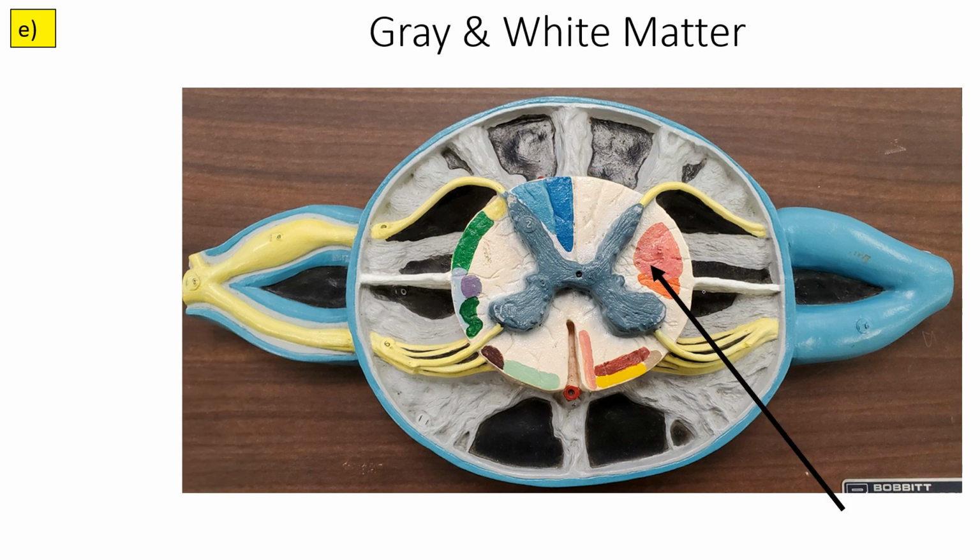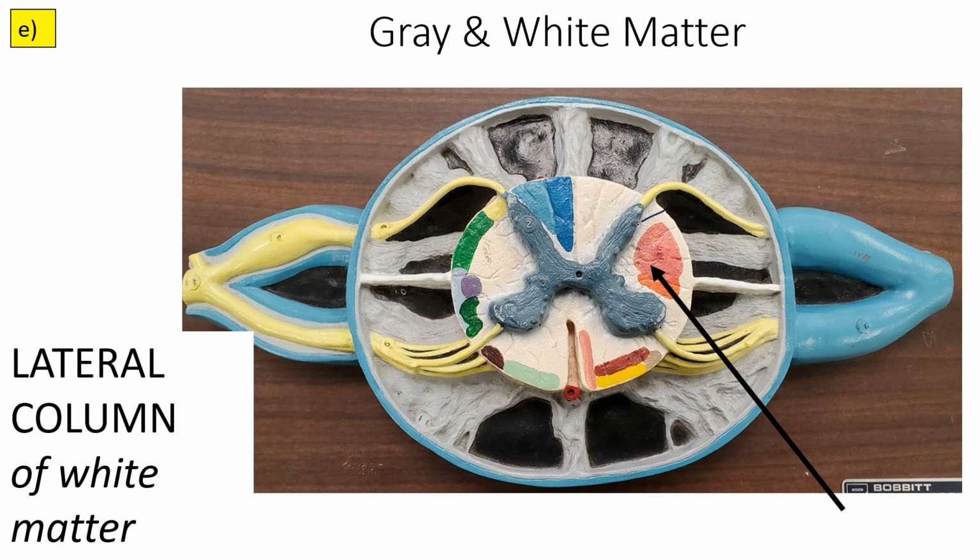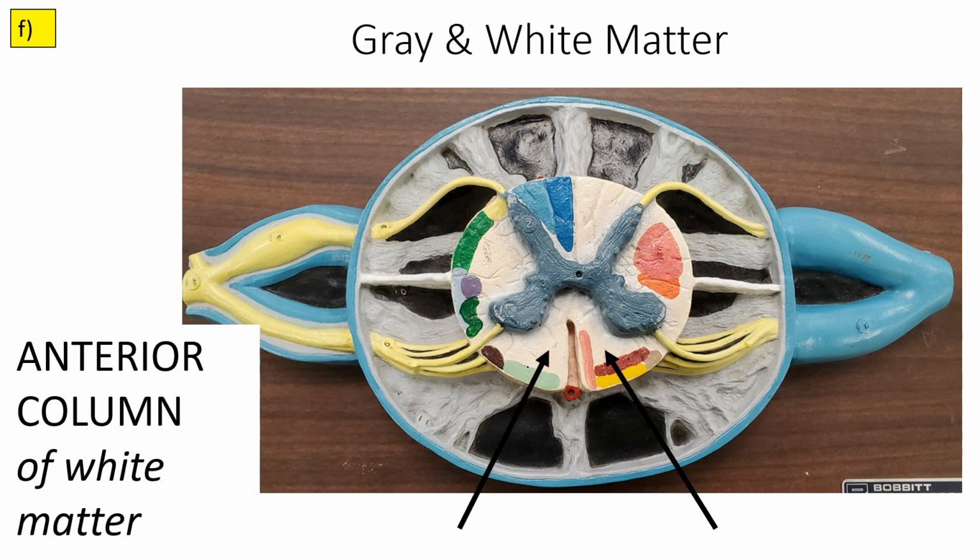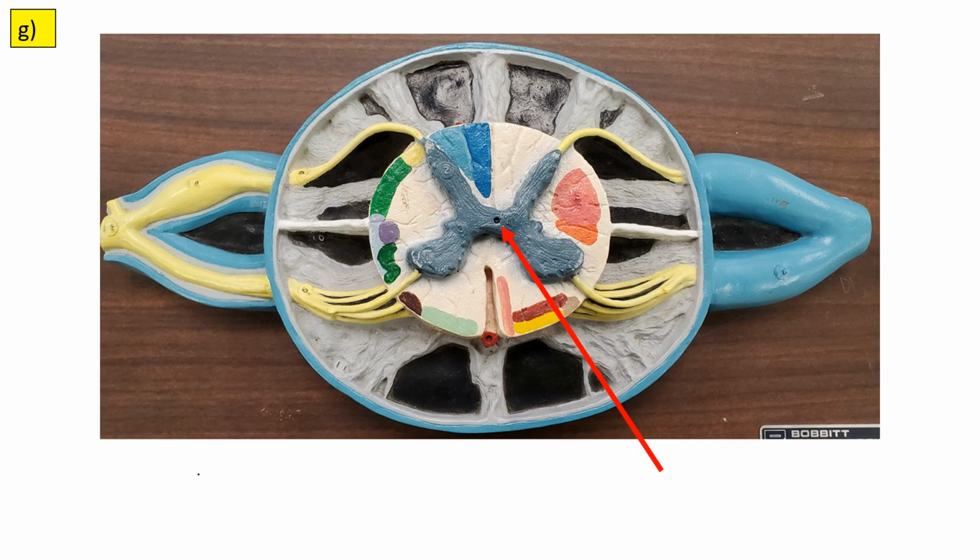Now, this is the lateral column. So all of this is lateral column of white matter. Here's the other lateral column of white matter. And then this is all anterior column of white matter. There's a little divot right there in the middle, but we're not going to name that. The hole in the center of the gray matter is called the central canal. This is where you're going to have cerebrospinal fluid run through.